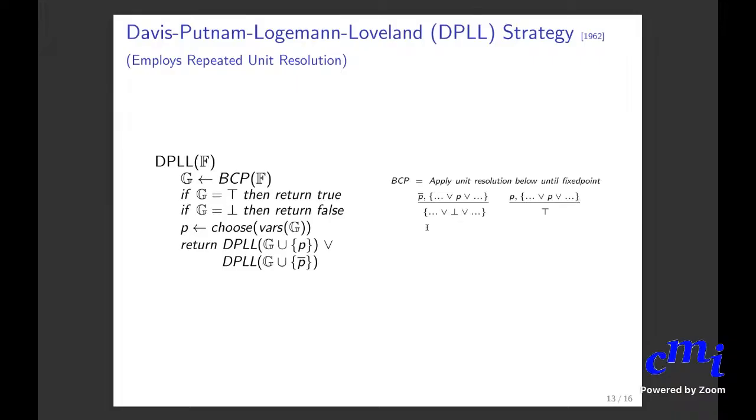Some of the clauses might simplify, and some of them may reduce to true, in which case they'll disappear. And you do that repeatedly until you cannot apply any more unit resolution. That is fairly efficient to do.